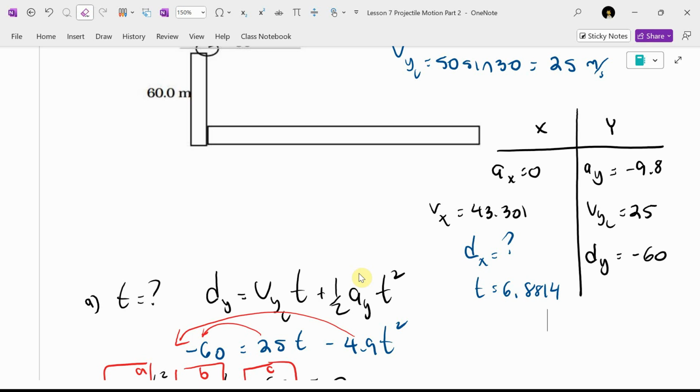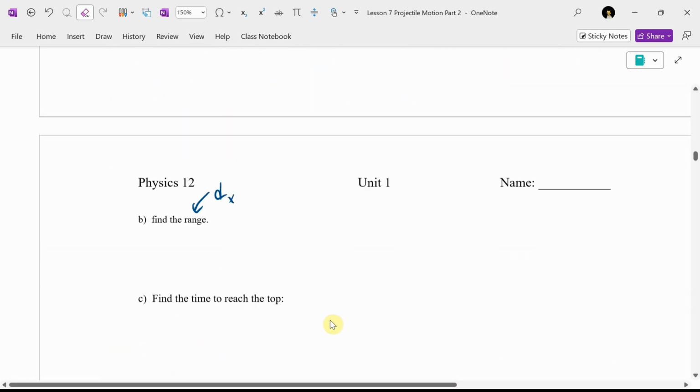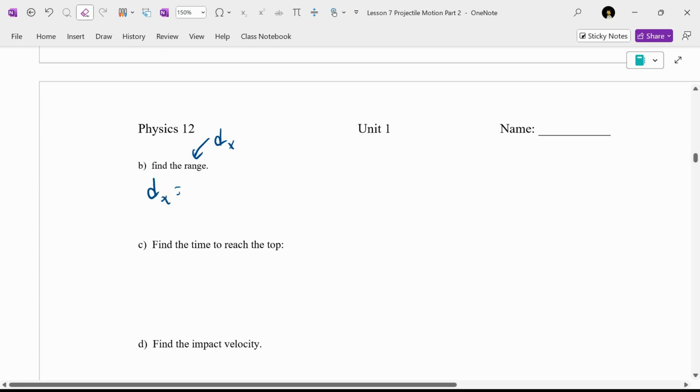If you haven't noticed, that's the one we seem to be using the most. Yes? Oh, but what's A? So we can just say dx equals vxt. Do I know vx? I've scrolled down. What was vx? Vx was in the 40s, wasn't it?